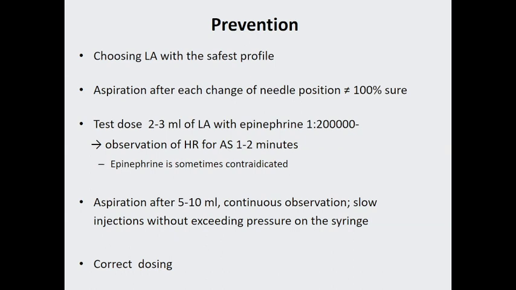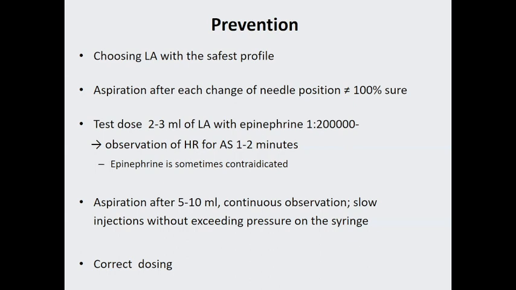For instance, when we have to give high doses, it's better to choose some safe drug. The most dangerous one is bupivacaine, because bupivacaine has a high affinity to the conductive heart system. It's very cardiotoxic, and bupivacaine is used commonly in local anesthesia.